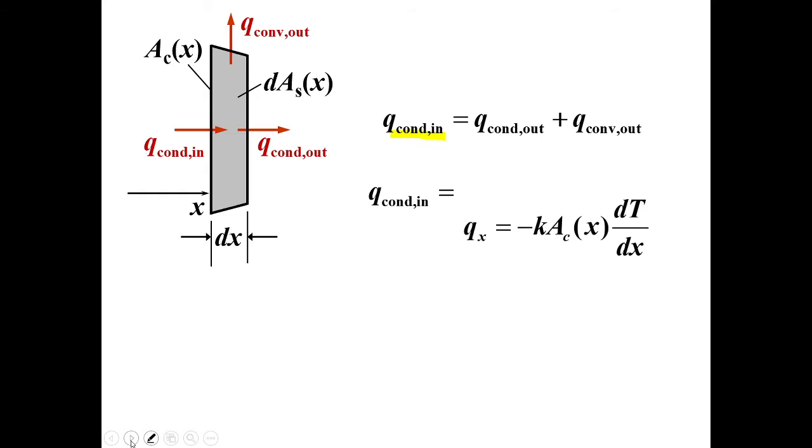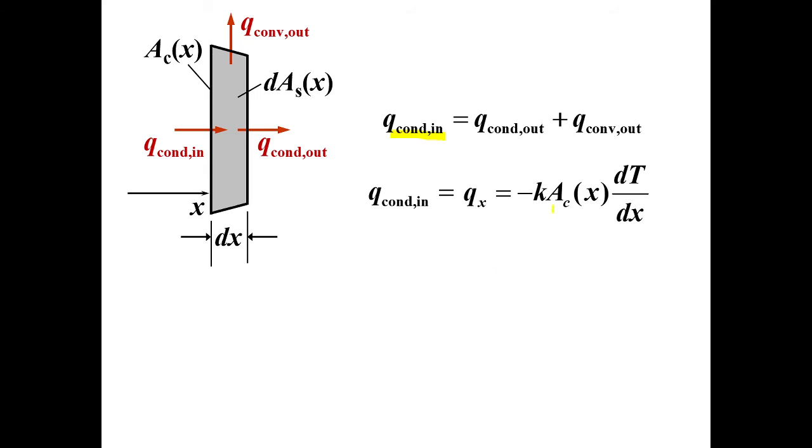So Q conduction in equals Qx, because inside heat will transfer from only one side, that is the x direction. So heat is transferring in only one direction, the x direction. So Qx equals minus K A dT by dx. That is the equation of heat transfer.